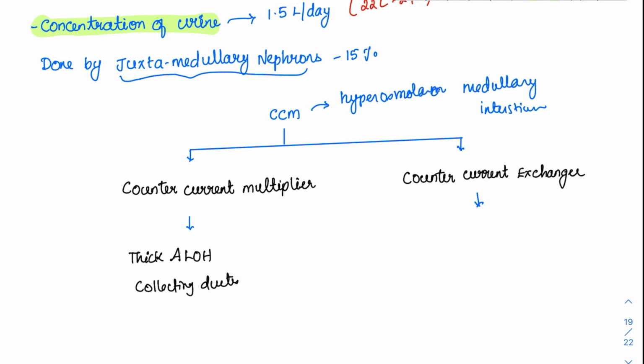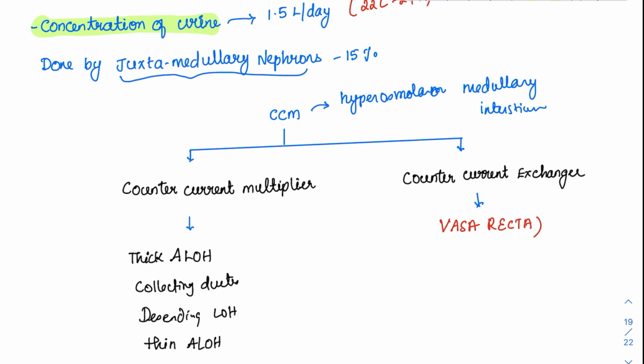The third important role is the descending loop of Henle. Then the fourth one, which has a very minor role in this process, is the thin ascending loop of Henle. It is not that important, but it is also involved in the countercurrent multiplier. Whereas in the countercurrent exchanger, there is only one thing involved, that is the Vasa recta.